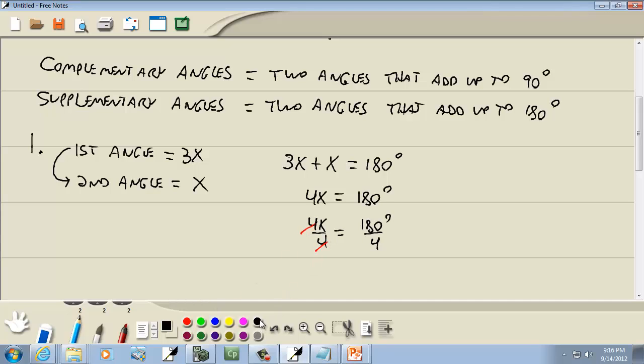And those 4's cancel. And I think that gives us 45 degrees. So that means our second angle is 45 degrees. Now total they add up to 180, so this one has to be 135.